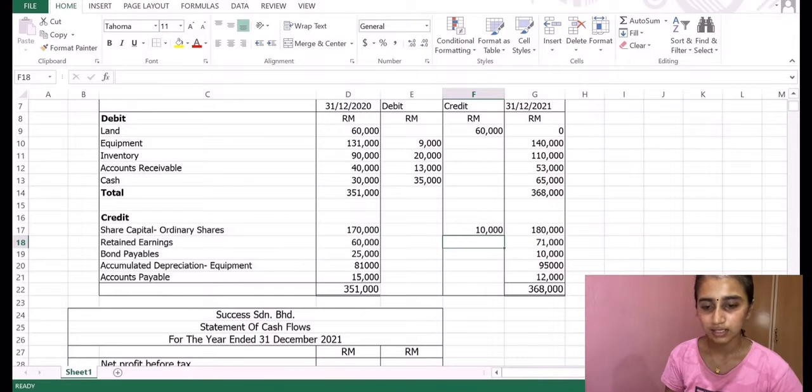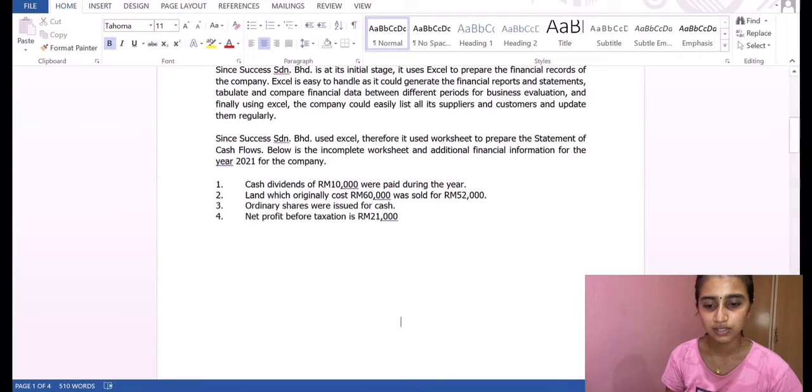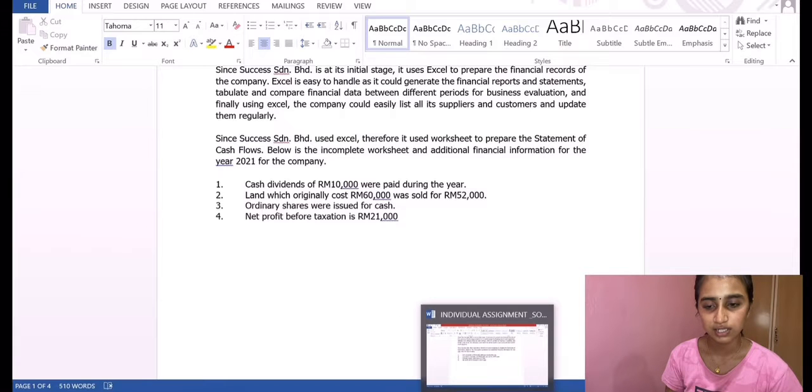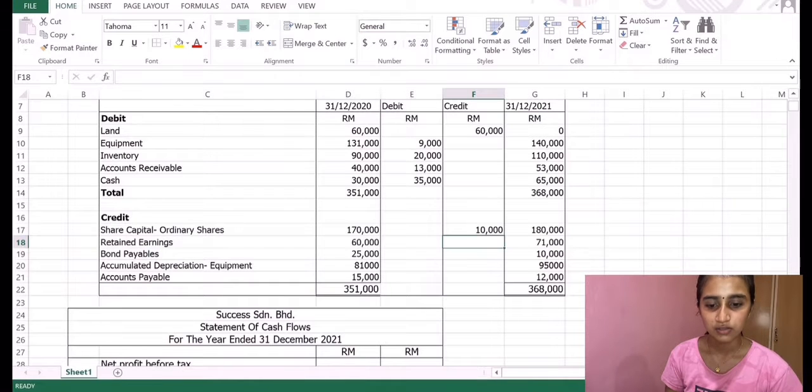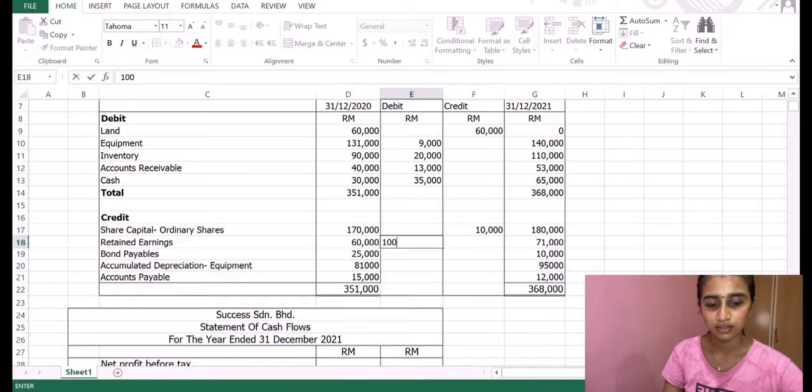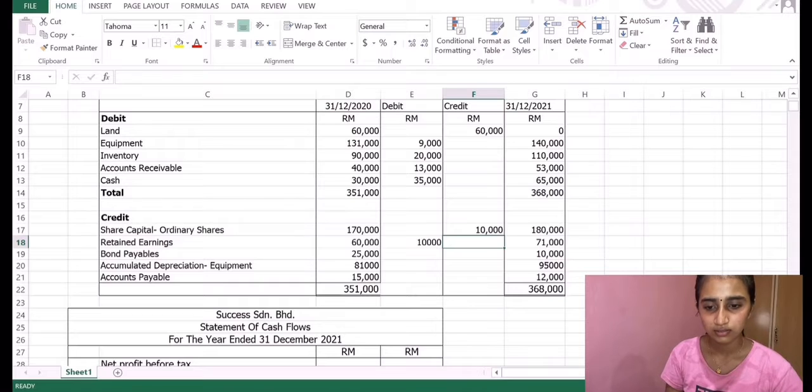Then retained earnings. As mentioned in the question, cash dividend is 10,000 and net profit before taxation is 21,000, so we must record both values at retained earnings, 10,000 at debit for dividend.